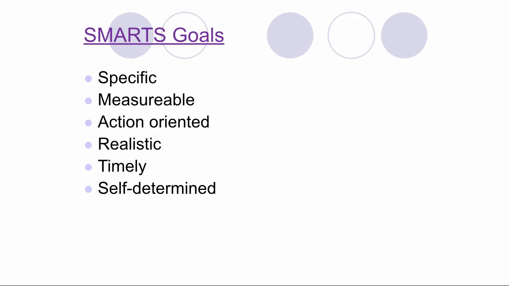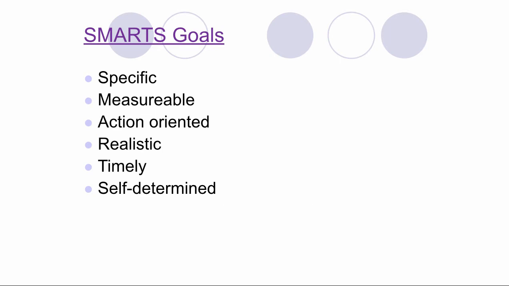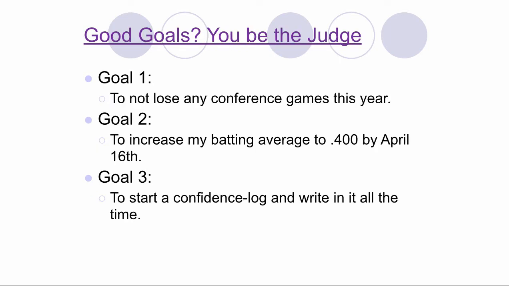Is it action-oriented? Yes. I don't know the team, so it's hard to say if it's realistic. Is it timely? Yes, because it says this year. Lastly, is it self-determined? That's a sticky one because they are coming up with it, but it is dependent on interactions with others.